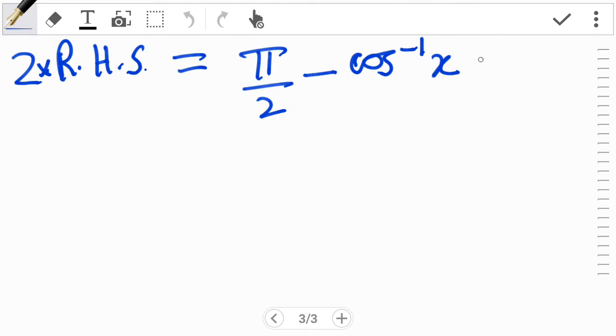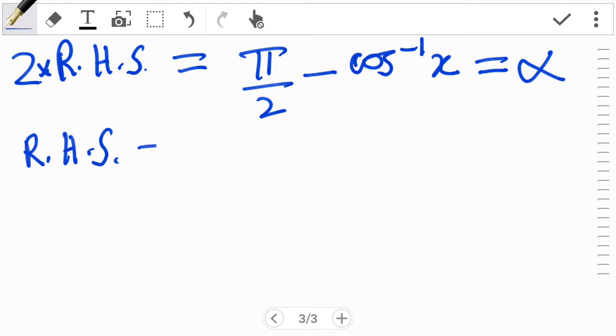Let us call this, see, cos inverse x is some angle, pi by 2 is another angle, so pi by 2 minus cos inverse x is also an angle. Let us call this alpha, right? So what is RHS?